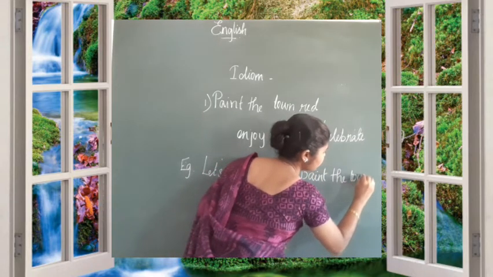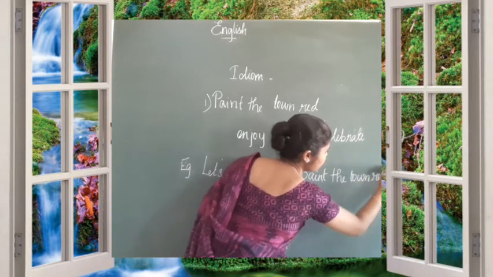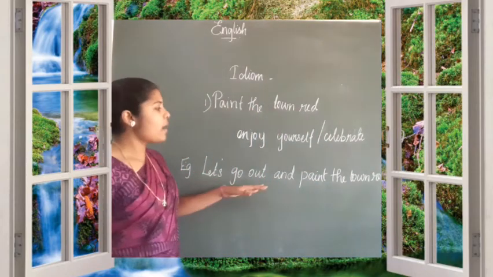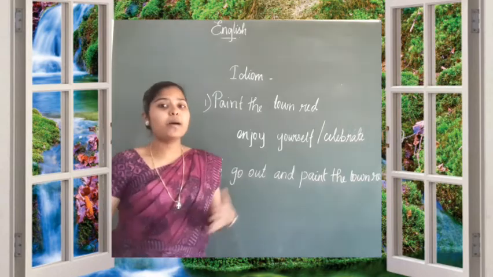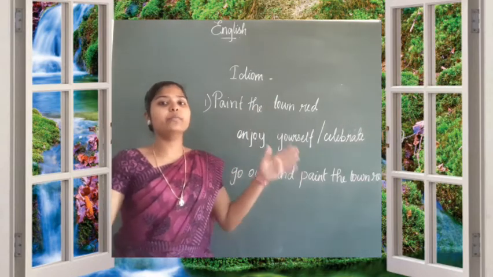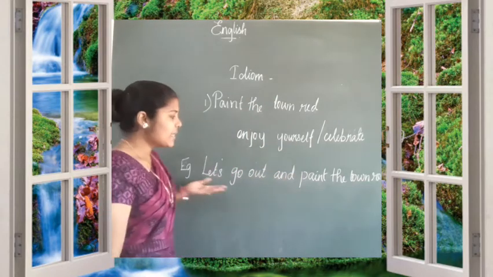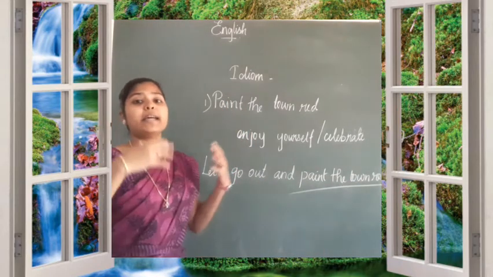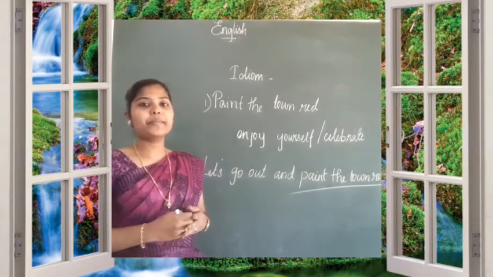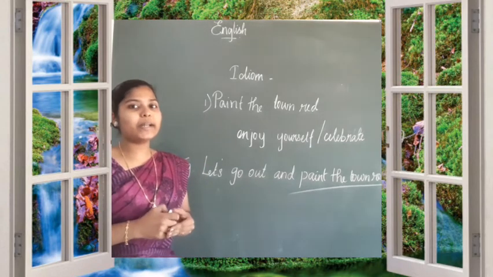Let's go out and paint the town red. Which means, I am not calling my friends to paint the town with red color. Which means, let's go out and celebrate, let's enjoy. Will you use this idiom, students?